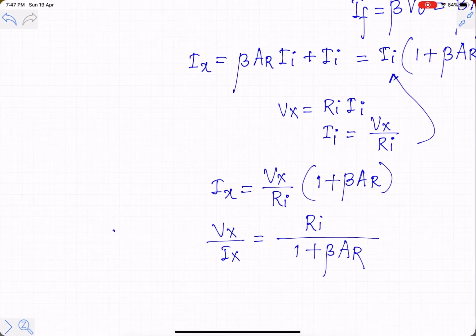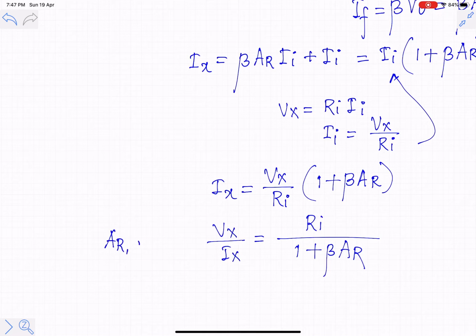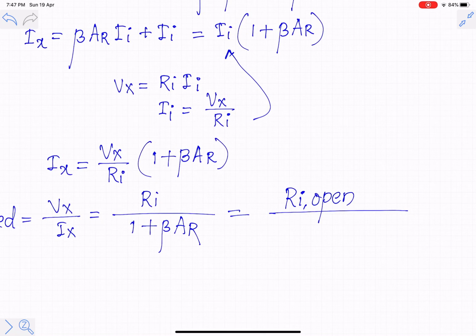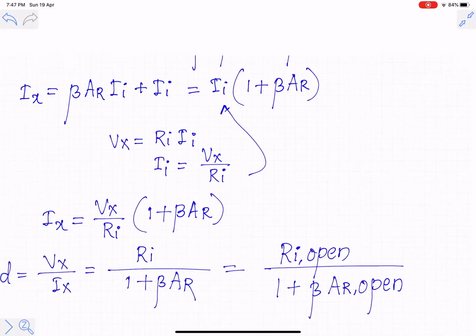So this is Ri closed, which can be written as Ri open divided by 1 plus beta into AR open, as Ri open is equal to Ri, which we have written previously. So because of feedback, the input impedance has reduced by a factor of 1 plus loop gain.